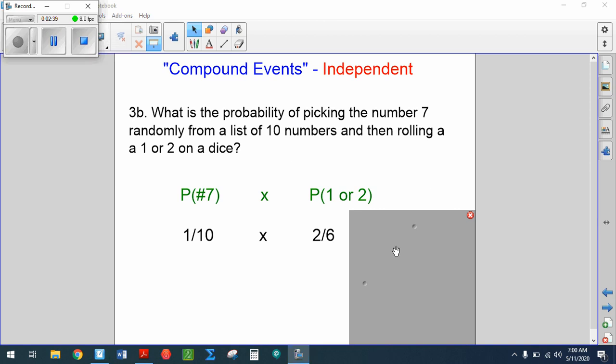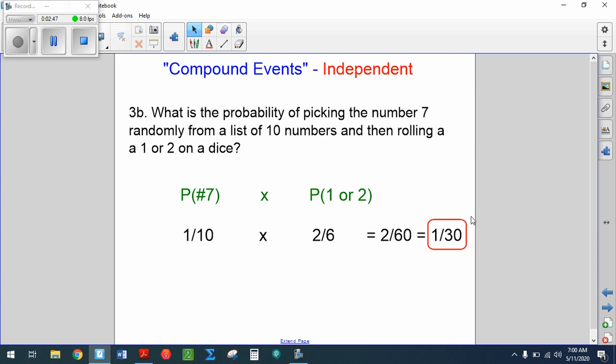And we multiply those together. So 2 over 60. Or if you would have used 1/3, you would have had 1 over 30. We do want to write our answer in simplest form. So those are 2 examples of independent events where the probability of the first thing happening does not change or affect the probability of the second thing happening.